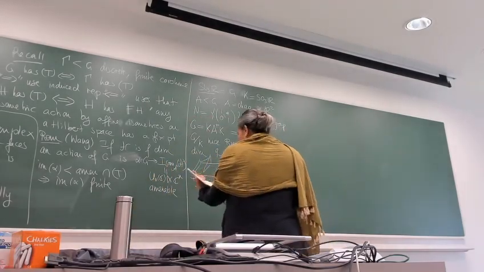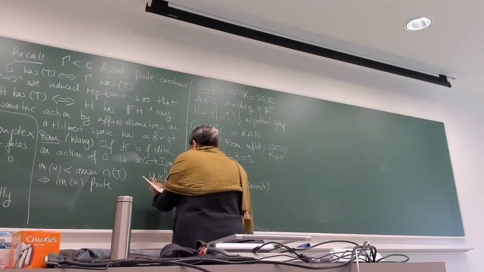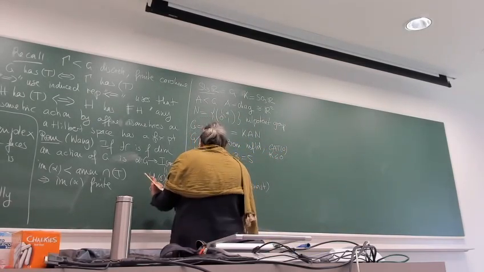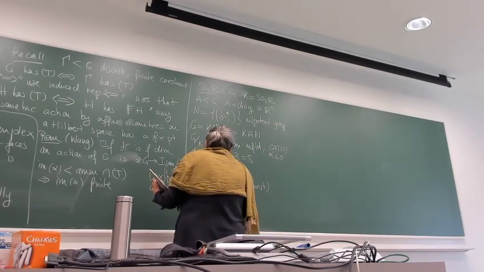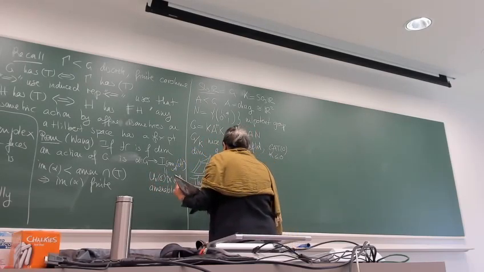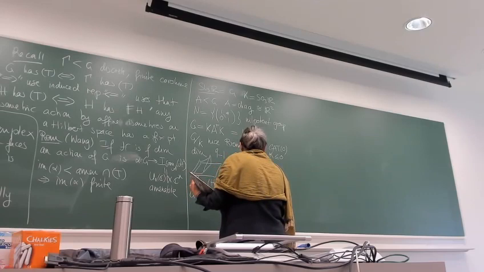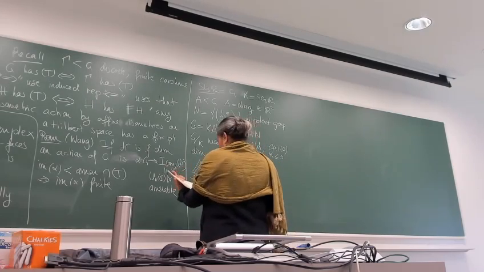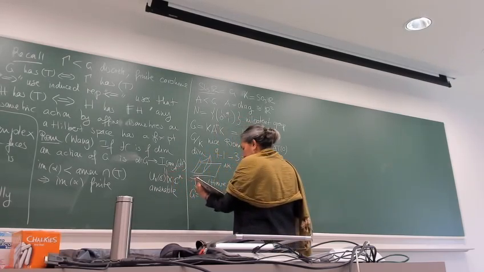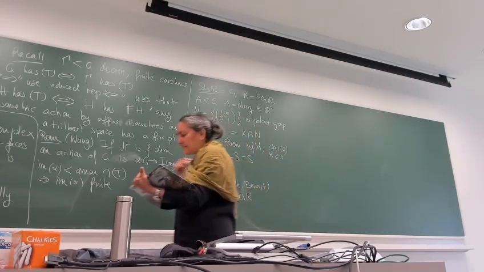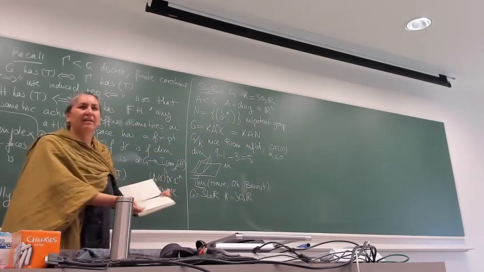And it says the following: now G is SL_n(R), and K is SO_n(R). You can also replace this by a semisimple group in higher rank.